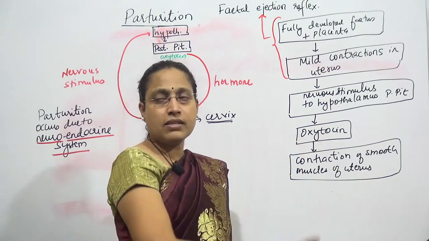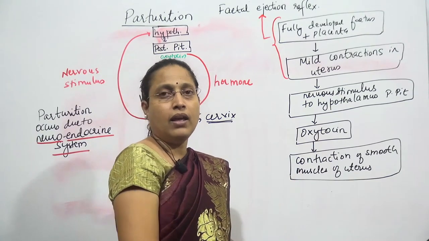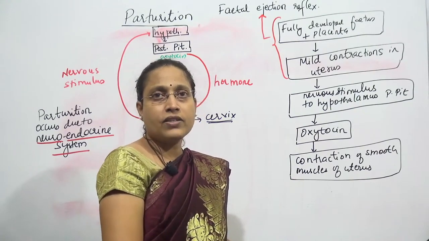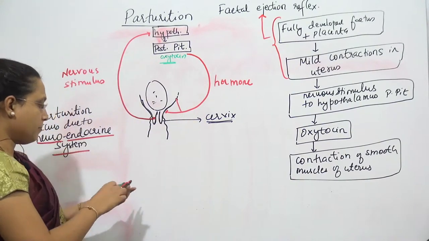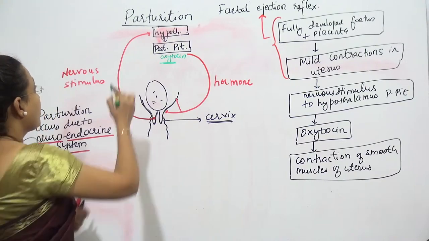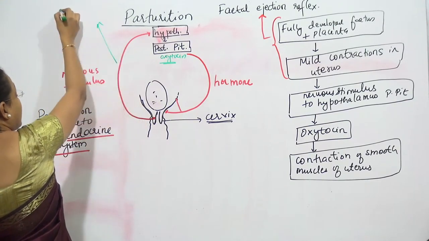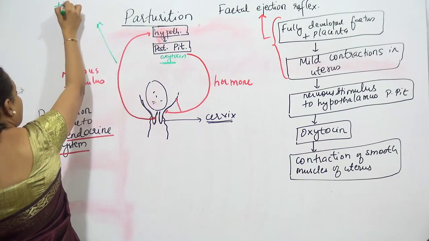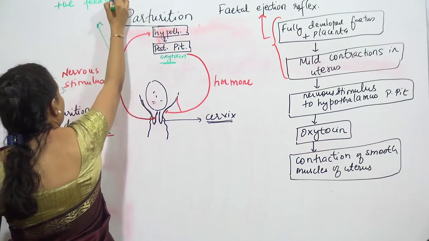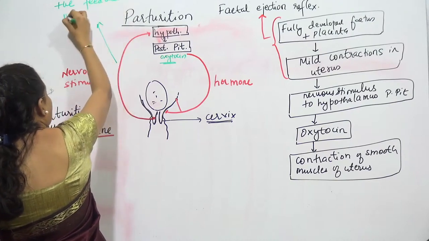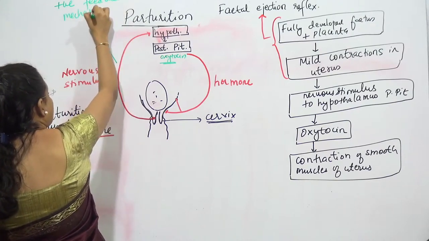The vicious circle starts, or self-sustaining feature it is. And this itself is called positive feedback mechanism.